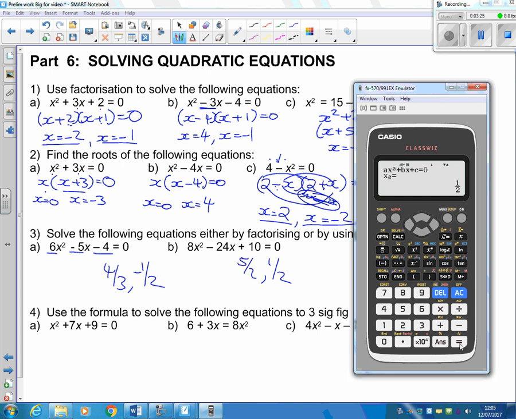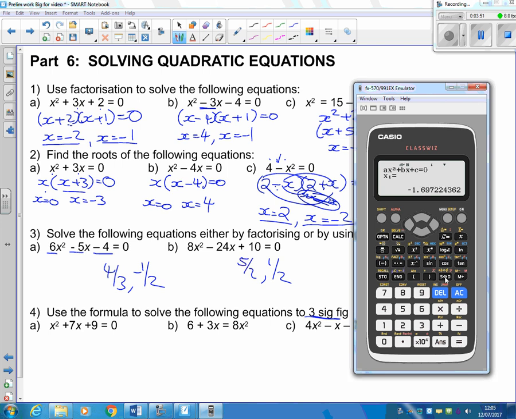If it says that we're going to need to do this to 3 significant figures, then we know we're going to need to use the calculator. There isn't going to be any factorising possible. So we've got a 1, a 7 and a 9. And our answers there to 3 significant figures. So that's it giving it in surd form.